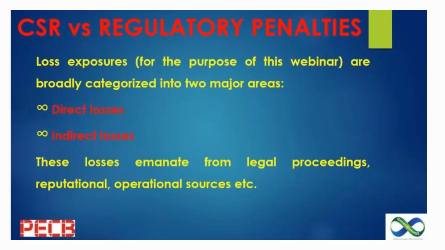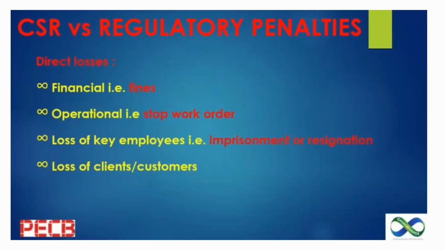Loss exposures, for the purpose of this webinar, I broadly categorized into two major areas: direct losses as well as indirect losses. These losses emanate from legal proceedings, reputational and operational sources, etc. So let's look at a good example of direct losses.